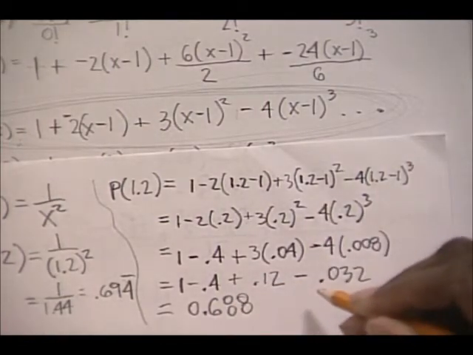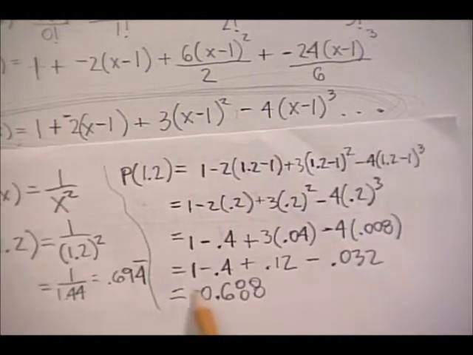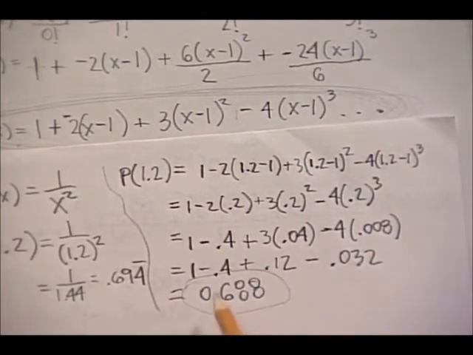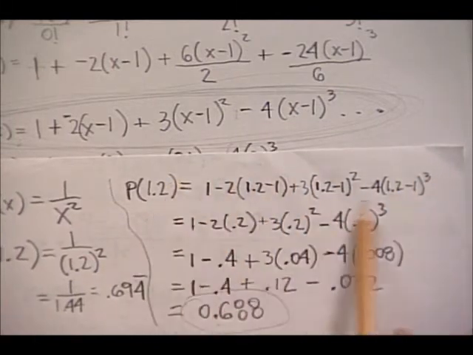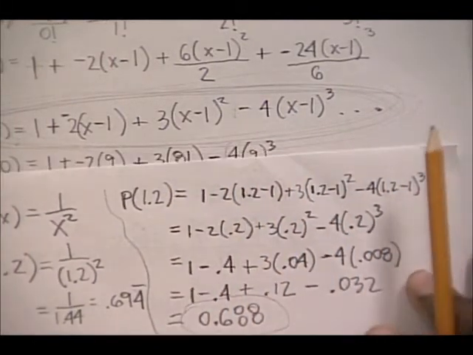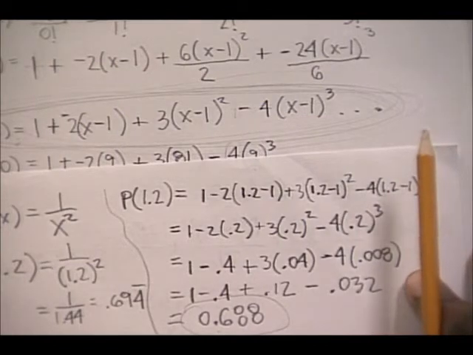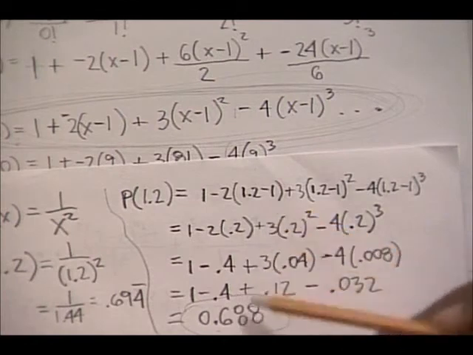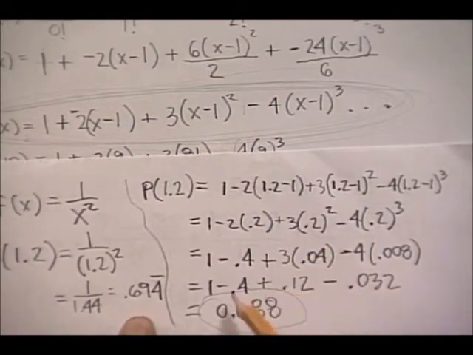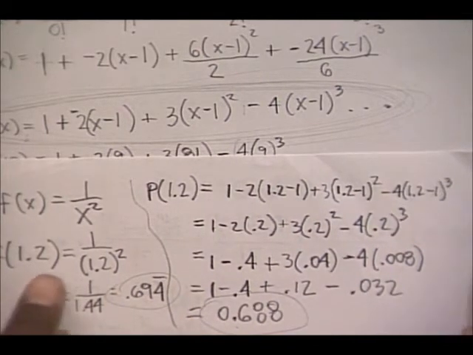All right, and what I'd like you to be able to see here is this is an approximation. We got this from figuring out our series approximation, a Taylor series approximation, and we substituted in the 1.2, and notice how close that is to 0.694, which is the actual value of f of 1.2.